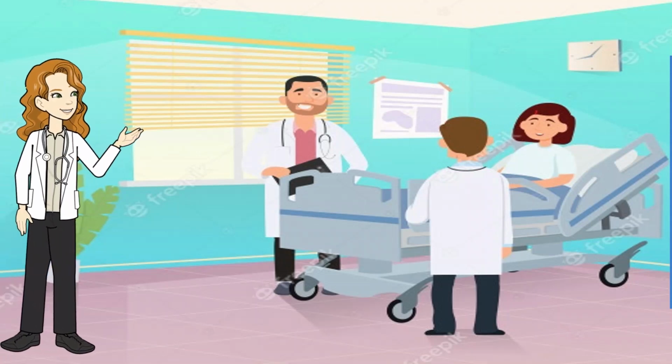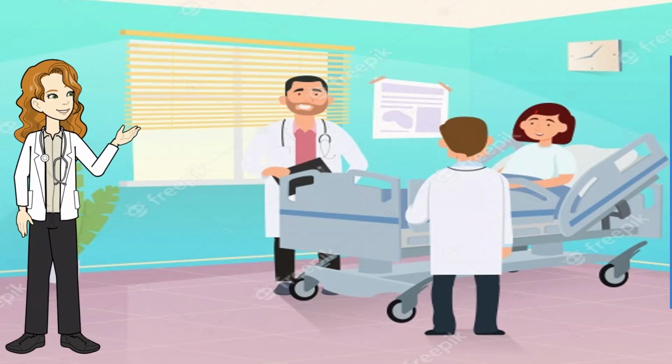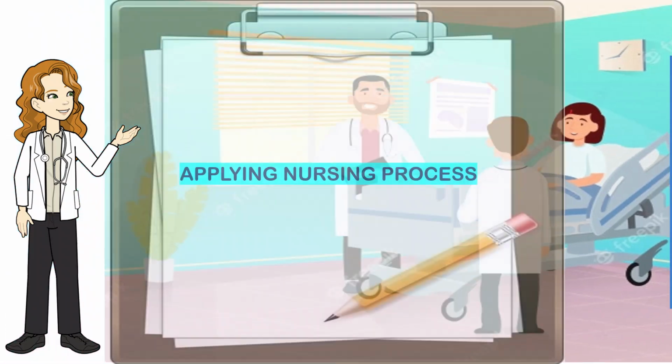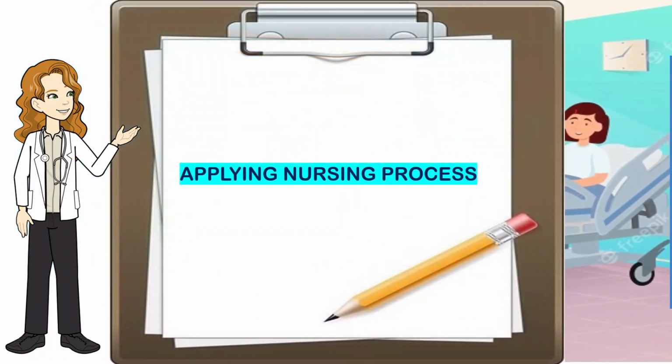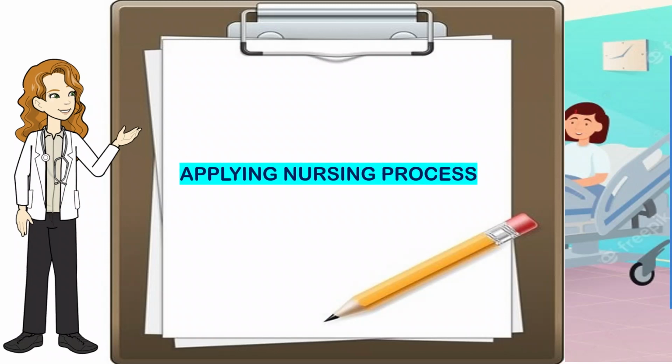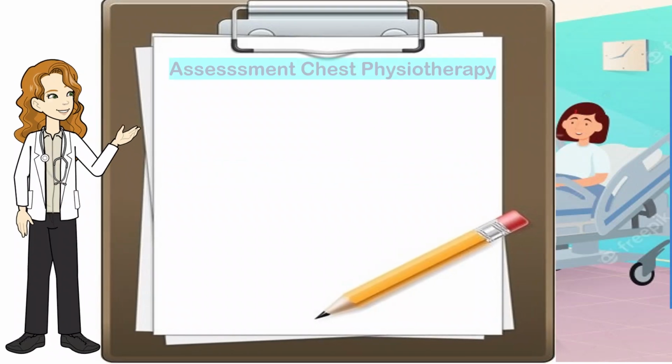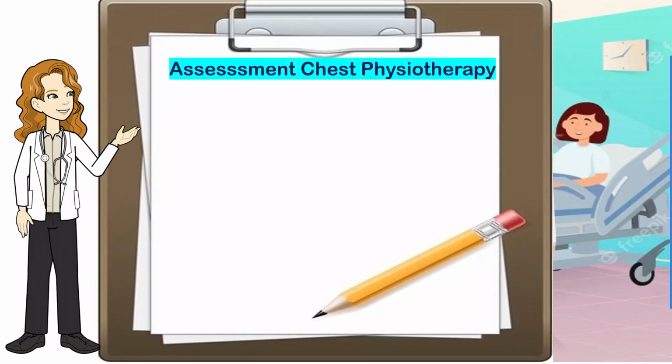Okay, let's proceed. In doing this procedure, make sure that you apply what you learned in your nursing process. In every procedure that you do with the client, you always apply the 5 steps of the nursing process, wherein the first step is assessment.